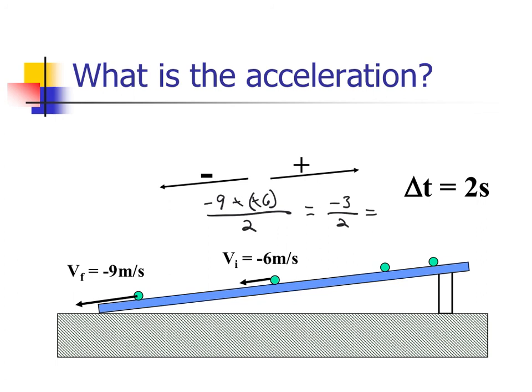So here we have a negative acceleration and the object is speeding up. So what does that mean? That means it's going down or away from the detector in that negative direction. Probably accelerating due to gravity, which is negative.